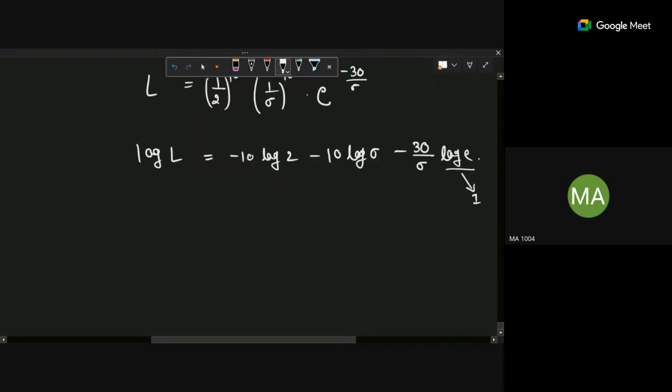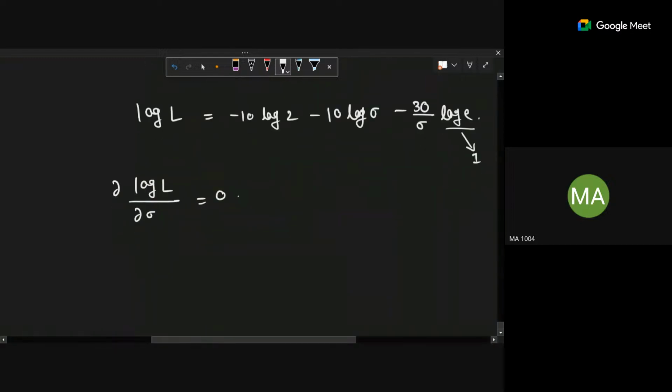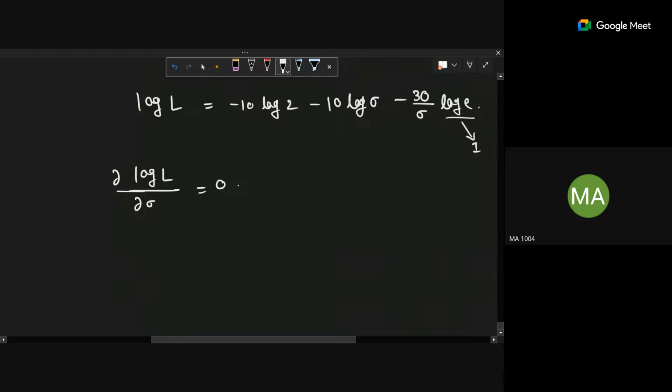Now differentiate it with respect to sigma and equate to 0. So that will give us, this will be 0, and that might be minus 10 by sigma minus 30 by sigma into minus 1 by sigma square, right?